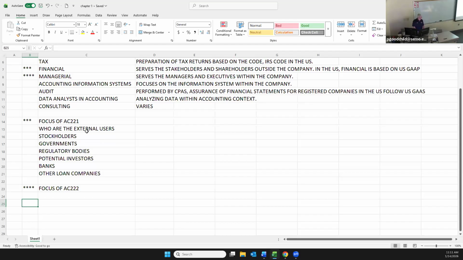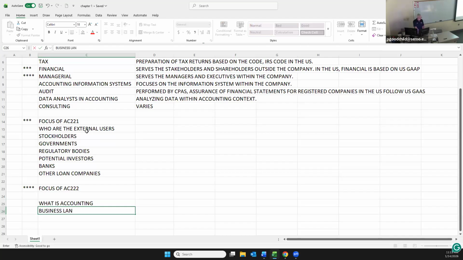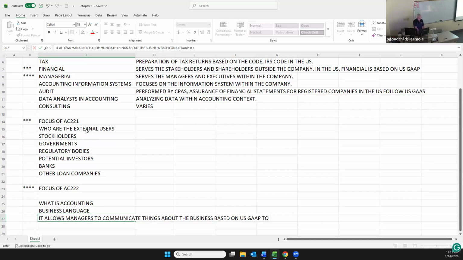So again, what is accounting? Most people, again, don't really know. It's a lot of things, but primarily it's a business language. And it allows managers to communicate things about the business based on GAAP to external stakeholders.